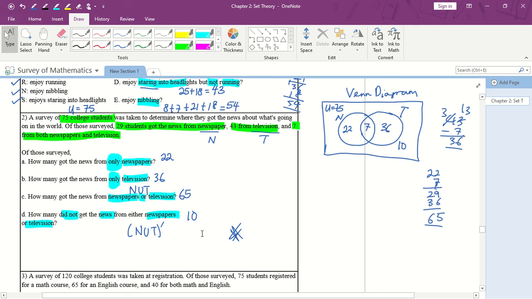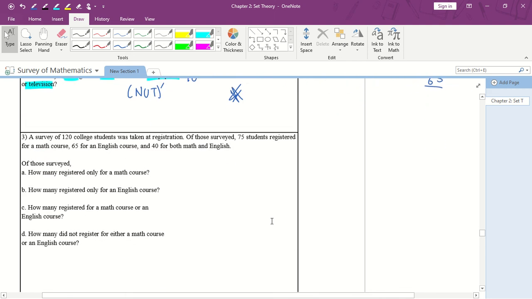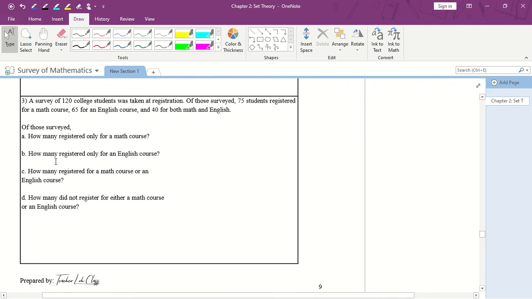Now the important thing is that you need to know how to create a Venn diagram, and how to get the answer from the Venn diagram based on the questions. Let's continue. A survey of 120 college students was taken at registration. Remember, 120 college students is the universal set.